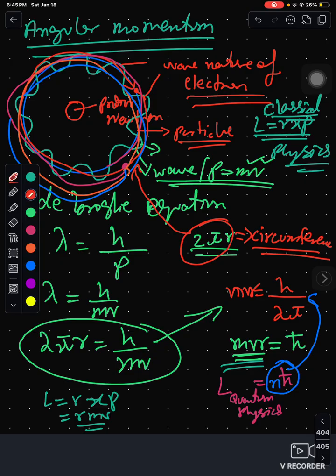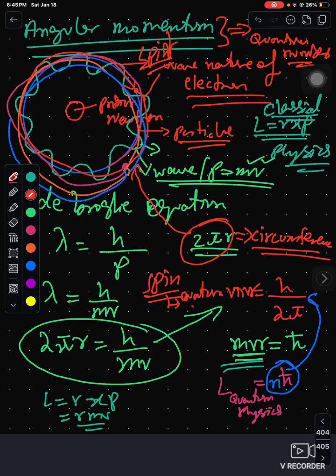And one more thing, angular momentum is one of the quantum numbers, like the principal quantum number. Spin is also one part of it, and spin is of course related to angular momentum. I have talked about spin in my old videos as well. The spin of quantum mechanics is very different.